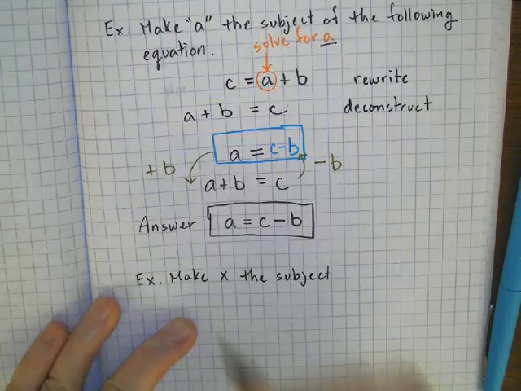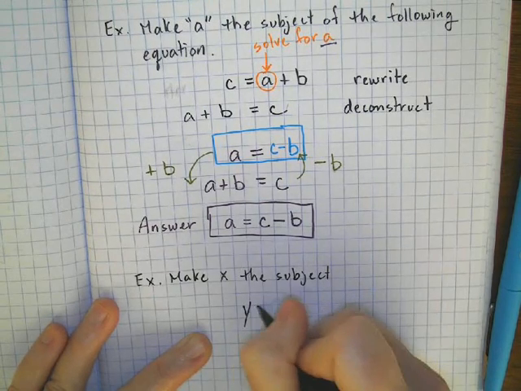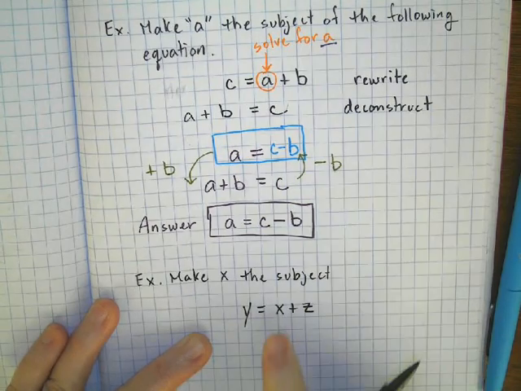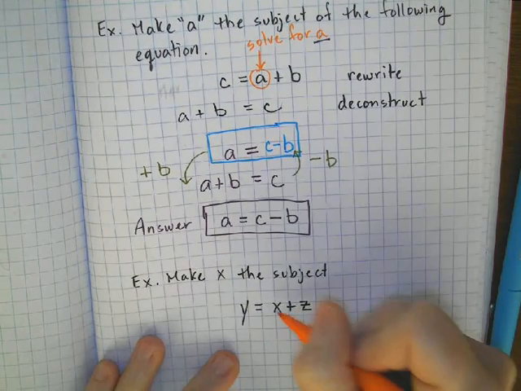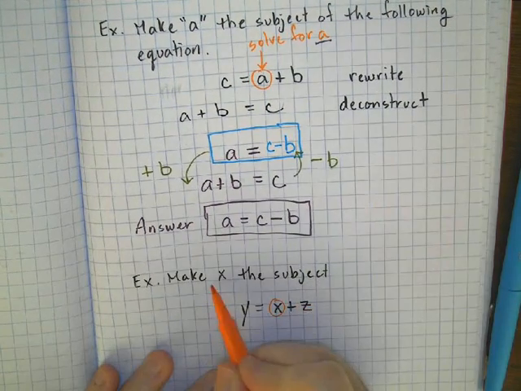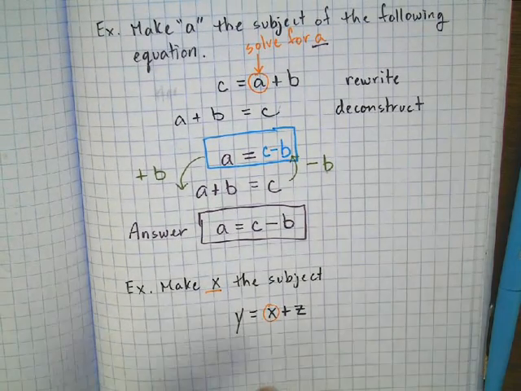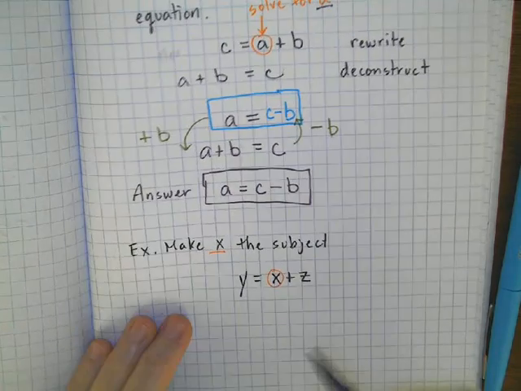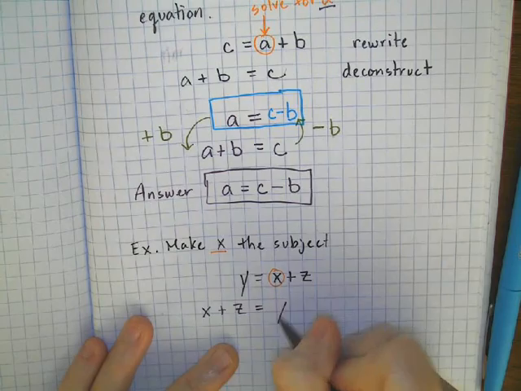My problem is y equals x plus z, and I want to solve for x. Again, I don't like it when x is on the right-hand side, so I'm going to pick up the whole thing and rewrite it: x plus z equals y.